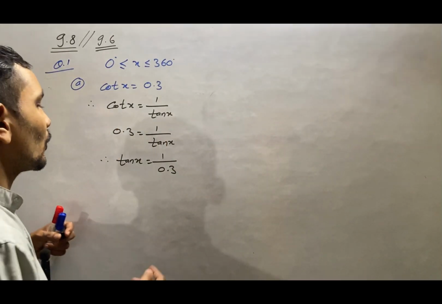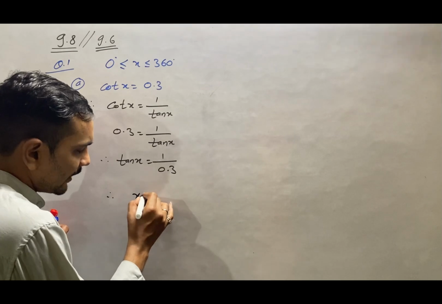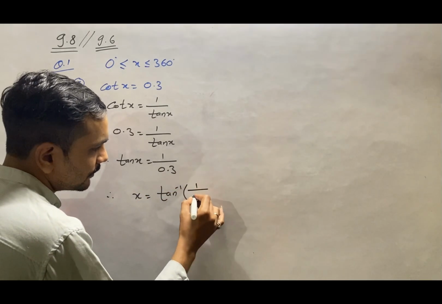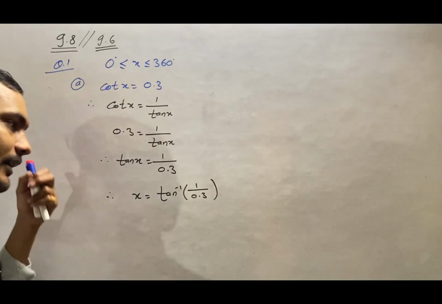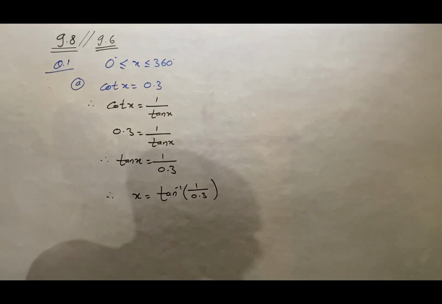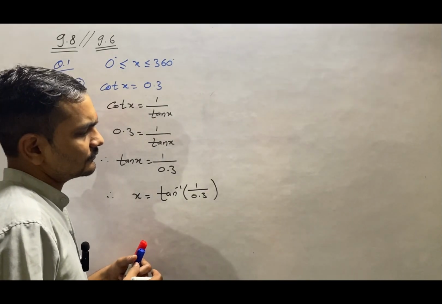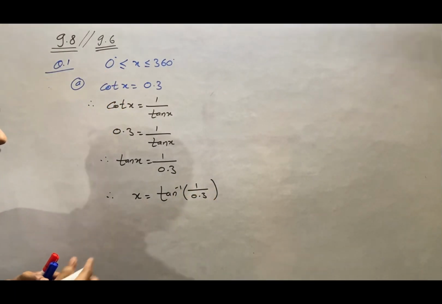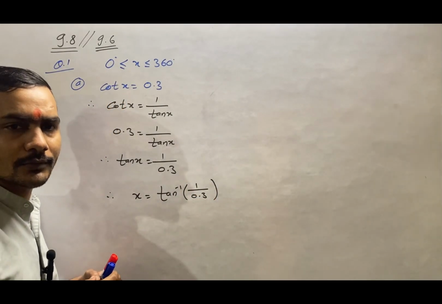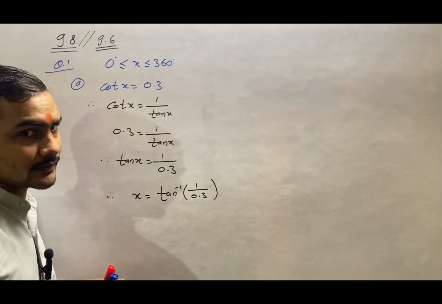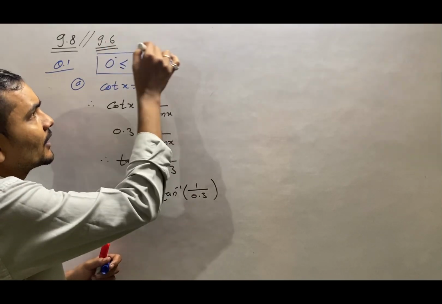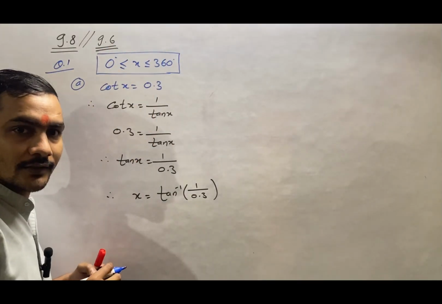But if we have to solve, we have to show by graphical method how we will get this value of x. Because while using a calculator you will get only one value, right? And we have a range of x from 0 to 360.